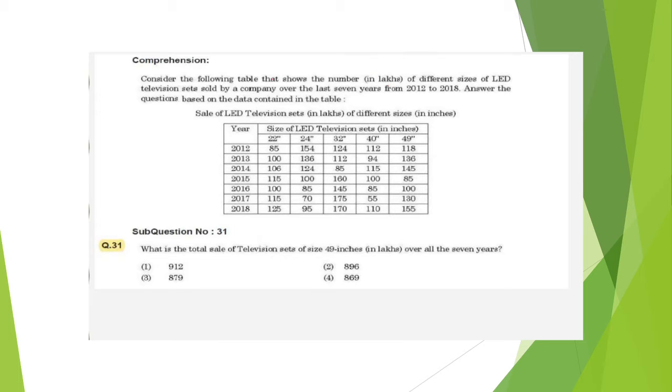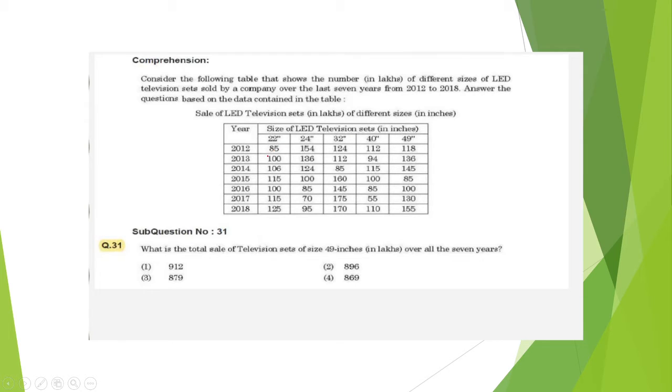Answer the questions based on the data contained in the table. These are the years 2012 to 2018. These are the sizes of LED television sets in inches: 22 inch, 24 inch, 32 inch, 42 inch, 49 inches are different sizes of television sets.